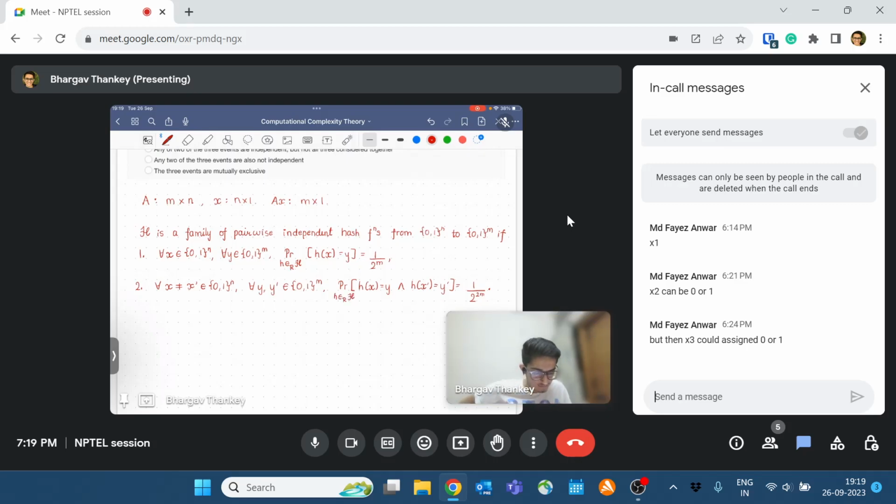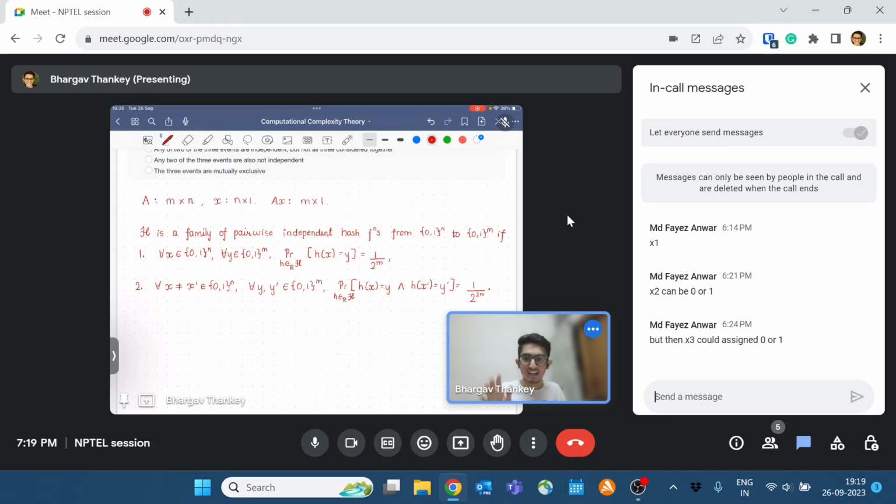Which one is smaller here, n or m? It doesn't matter. But we are squeezing x by applying some hash function into a value y, so y has to be smaller than x. Why does it have to be smaller? In complexity theory, a hash function is not necessarily something that compresses.